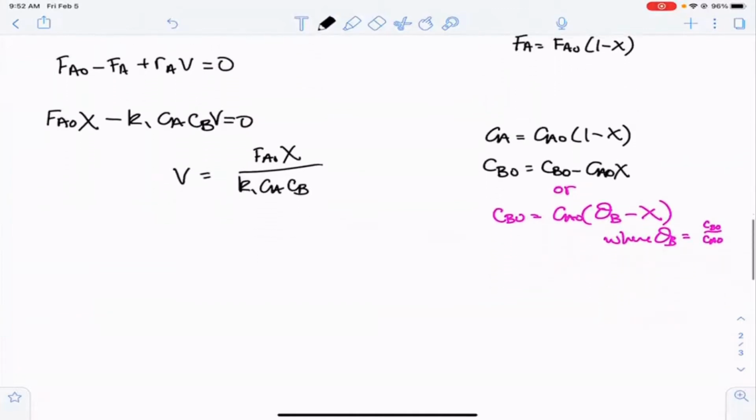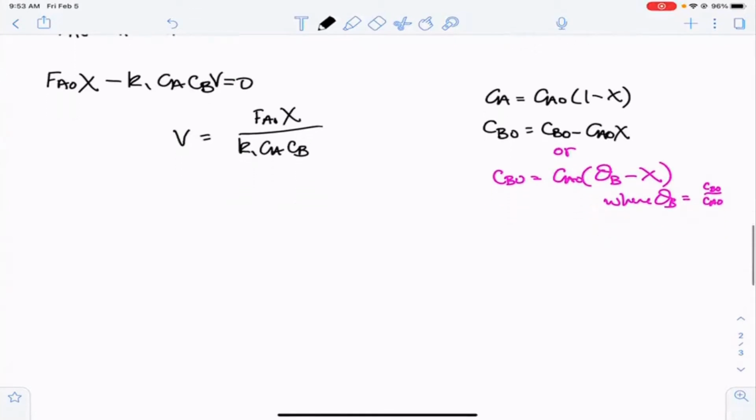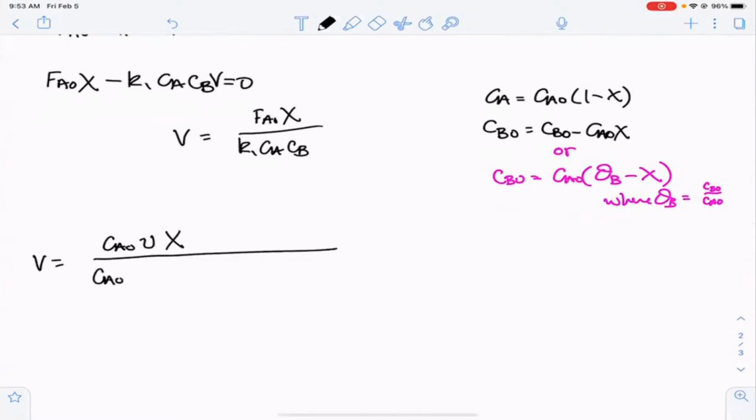So then our result for the mole balance here, just putting these expressions for CA and CB into our equation for volume, we have that the volume equals CA0 times the volumetric flow rate times the conversion divided by CA0 times 1 minus X times CB0 minus CA0 X times K1.